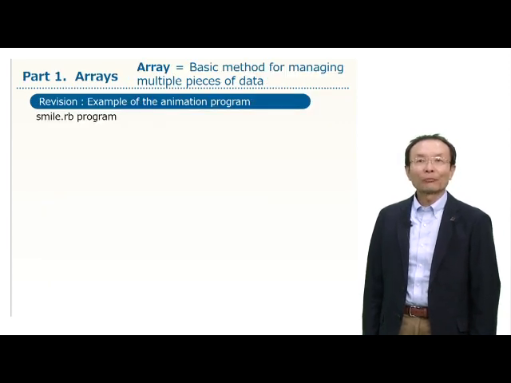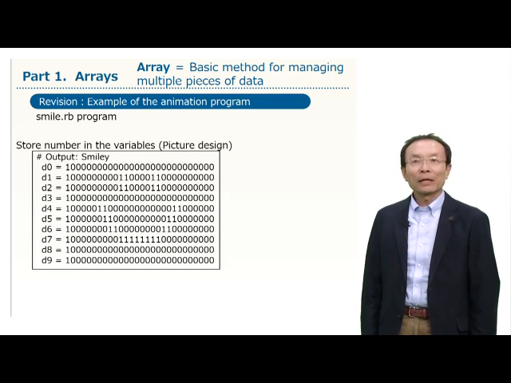Now let's start part 1 and talk about arrays. An array is a basic method for managing multiple pieces of data. Let's look at the animation program we did before in topic 1 as an example. This is a kind of program we created. First, recall that we used variables for creating the picture.